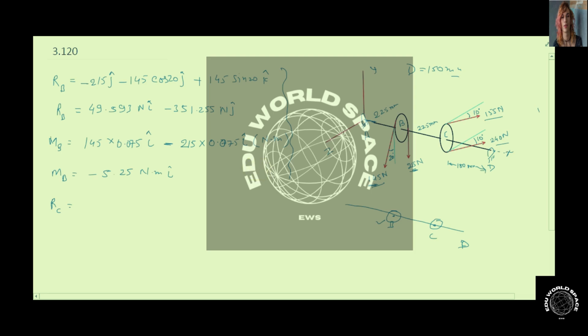But it's better to directly resolve the individual forces into their components along the z-axis and y-axis. So if we write the force components along J cap and K cap, the first component will be 155.